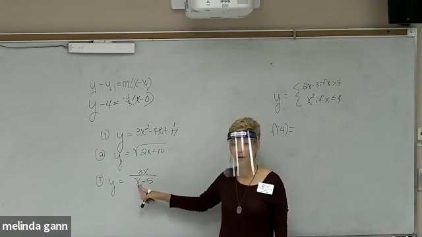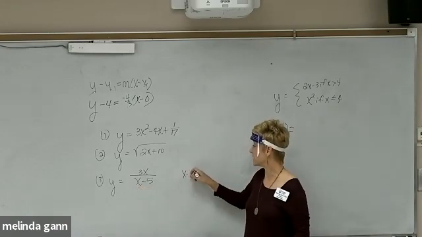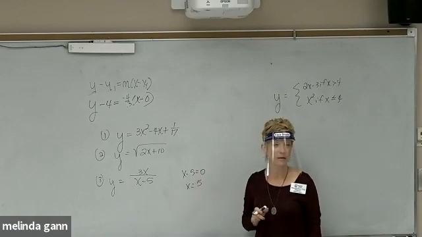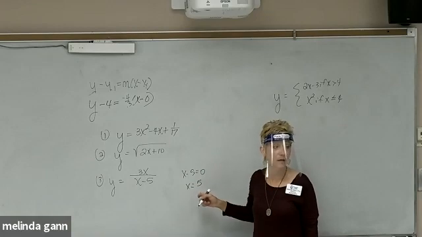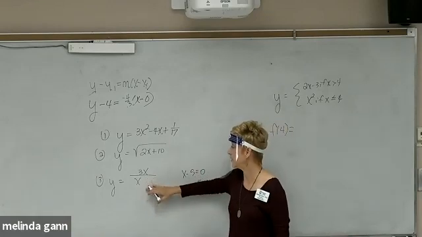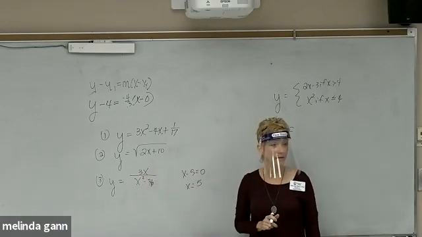Set the denominator equal to 0. So if I set x minus 5 equal to 0 and add 5 to both sides, x is 5. Your domain is all real numbers but that. Now sometimes you can see by glancing, but if I put it this way on your test, you might not.